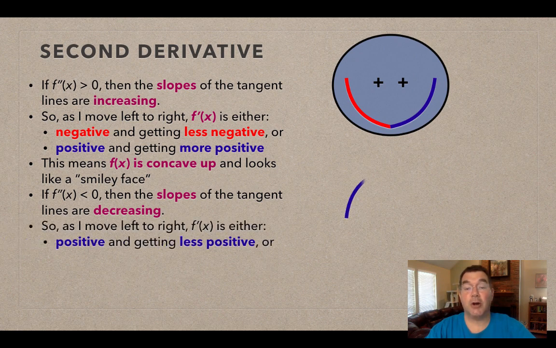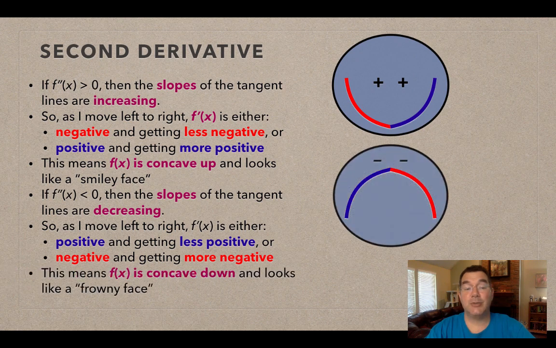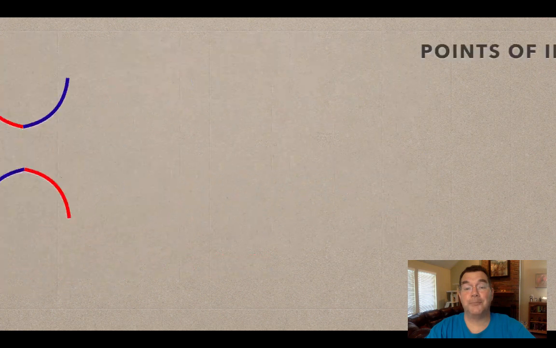Either the slopes are already positive and they're getting less positive, or they're already negative and they're getting more negative, and that looks like a frowny face. So the frowny face helps me remember that if the second derivative is less than 0 or negative, that means that the function is concave down over that period of time.